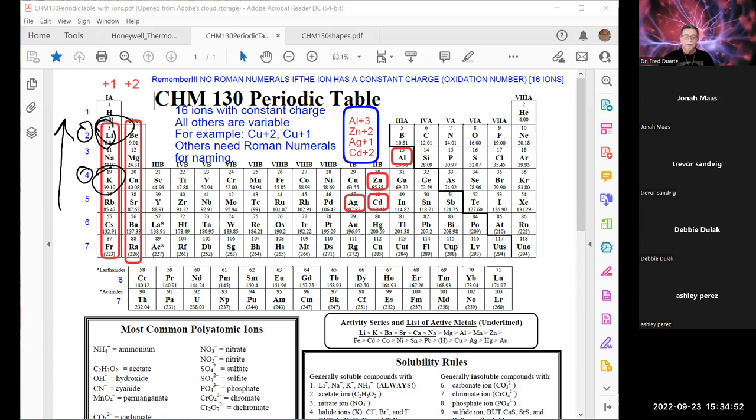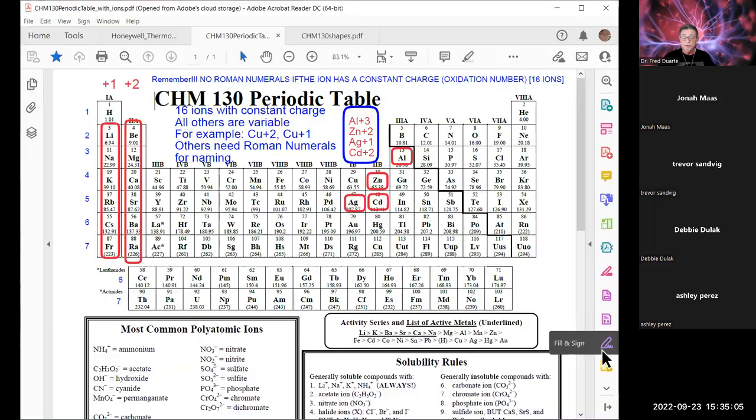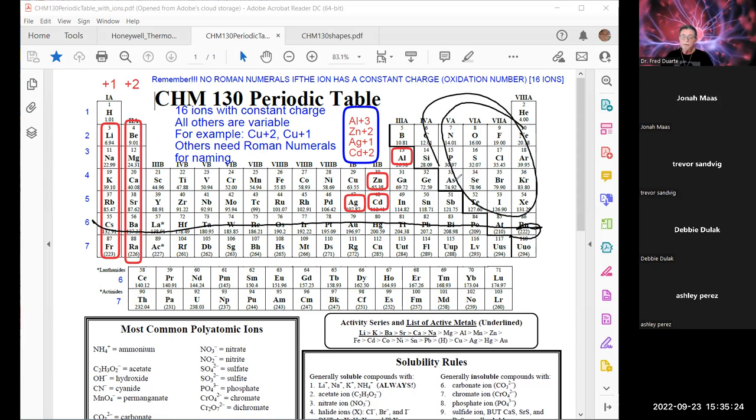The other trend is that it increases going from left to right. Again, for the same reasoning, the radius gets smaller as we go from left to right. There's more proton force, nuclear force, on the right side, so those electrons are being held down tighter than the ones on the left side. Plus, as we go across the periodic table, we're reaching the realm of nonmetals compared to metals, and metals want to give up their electrons much more readily than nonmetals.